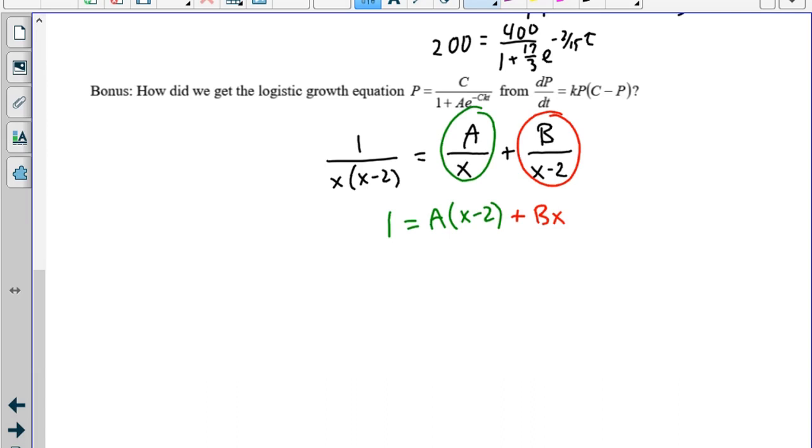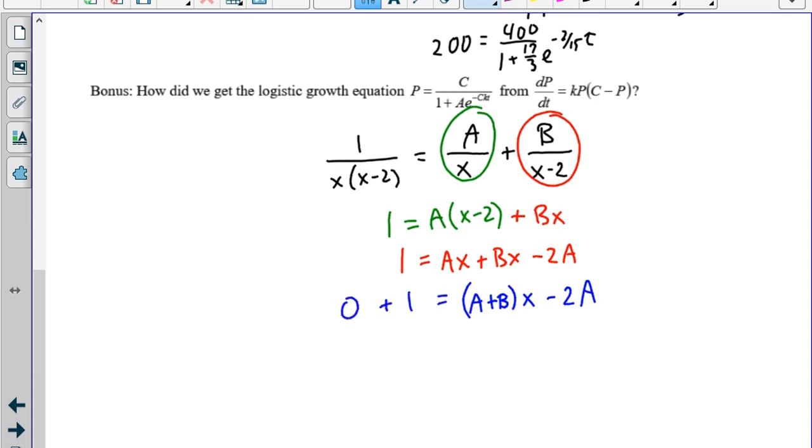So now I have ax plus bx minus 2a equals 1. Then I have (a plus b)x minus 2a equals 1. Now notice that 1 is really 0x.